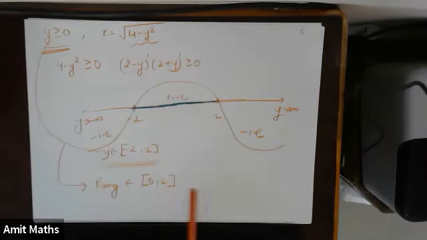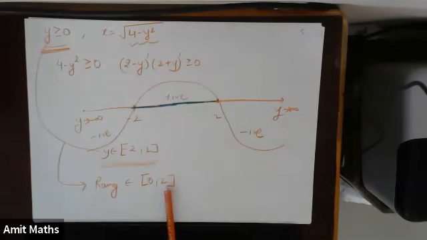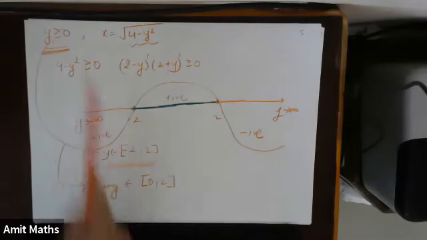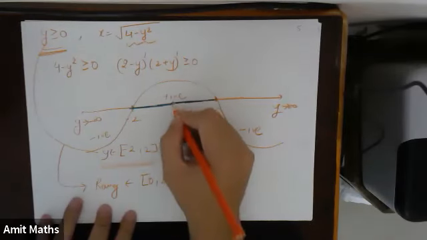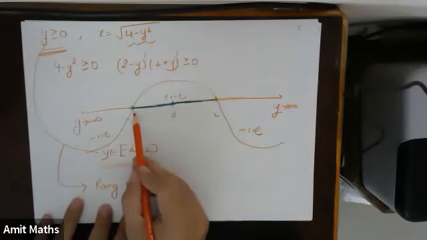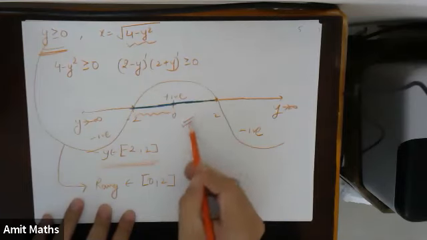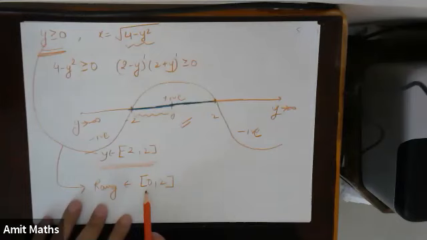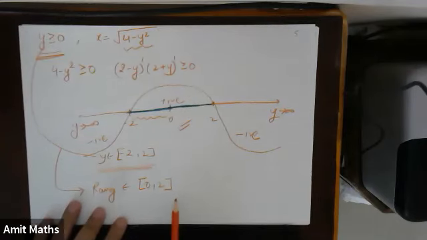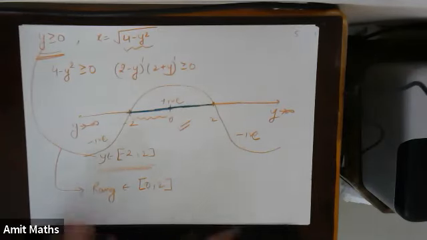So 0 to 2 will be all those positive values of y. We'll remove from -2 to 0, with 0 in between, and we will keep this part because it is okay with the initial condition. That is why the range becomes from 0 to 2. Okay. Very good.